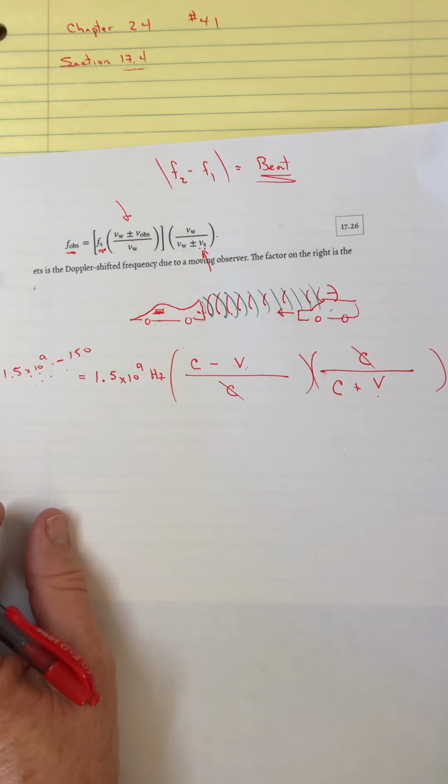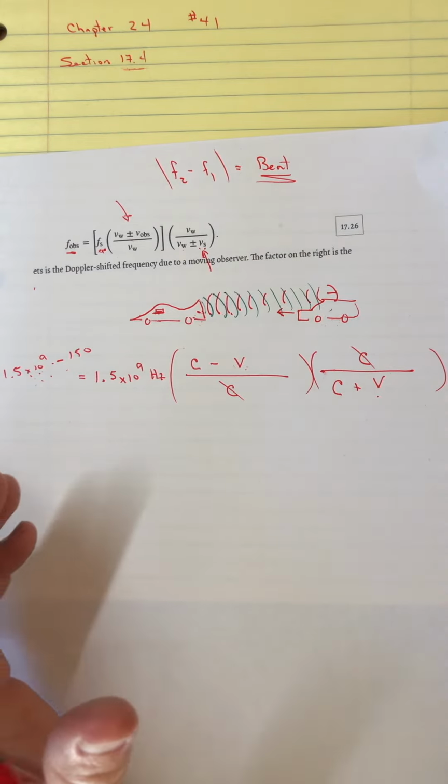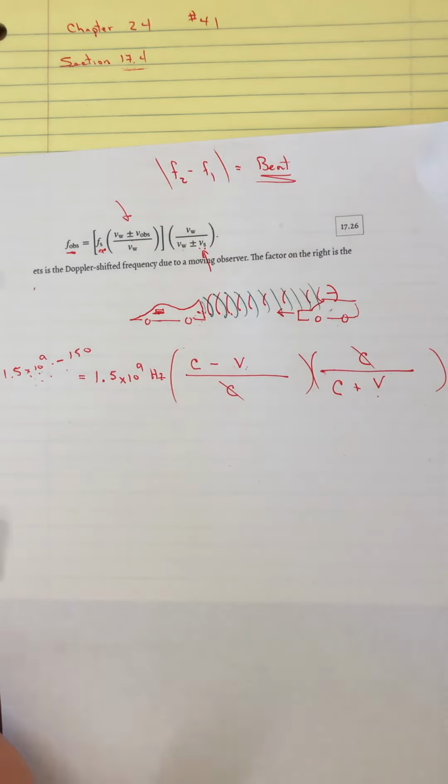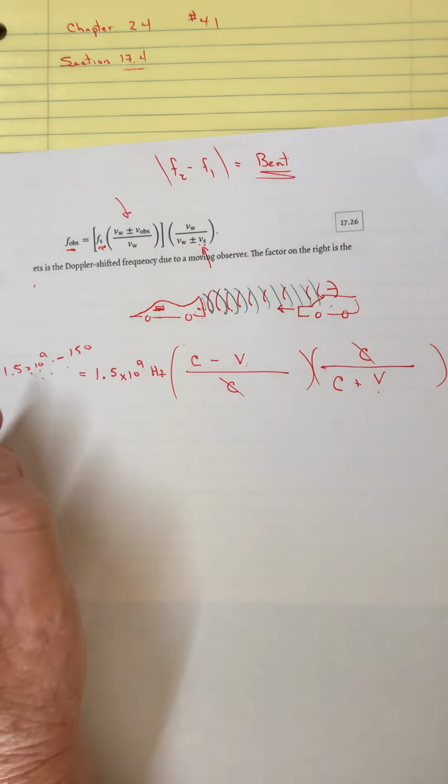Now, we could get out our calculator and probably do it, but I looked over at the solution manual, and they did some simplification to deal with this. What they did is they moved this to the other side.